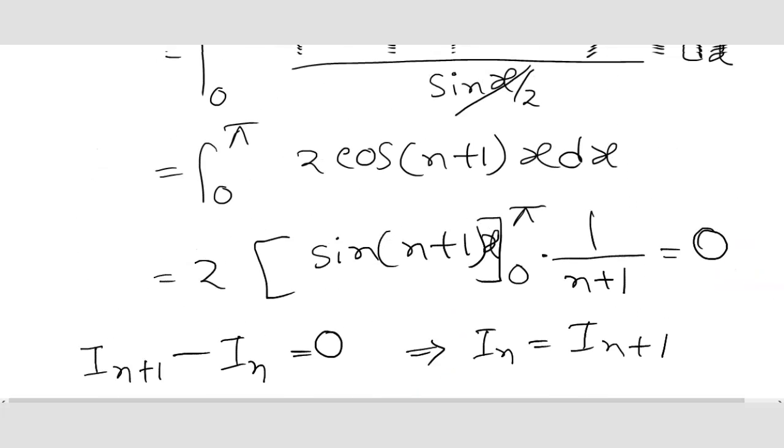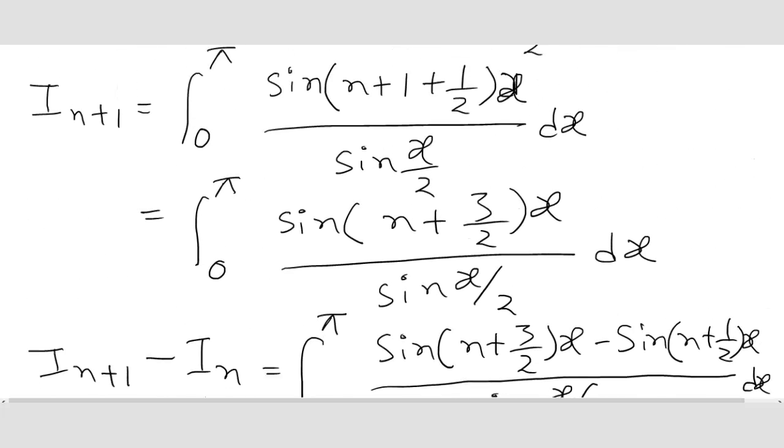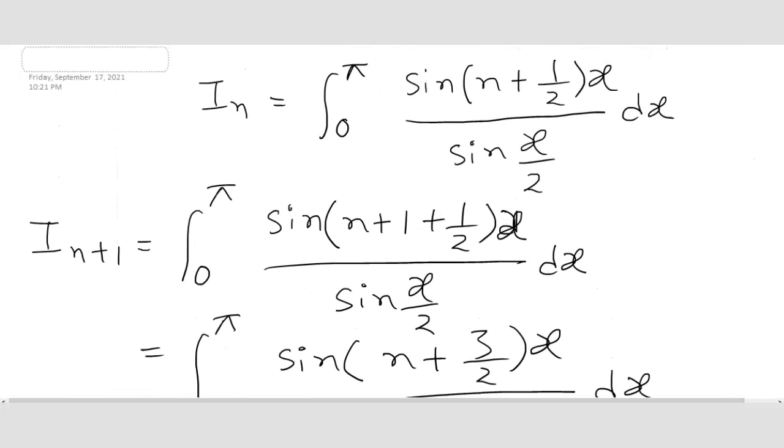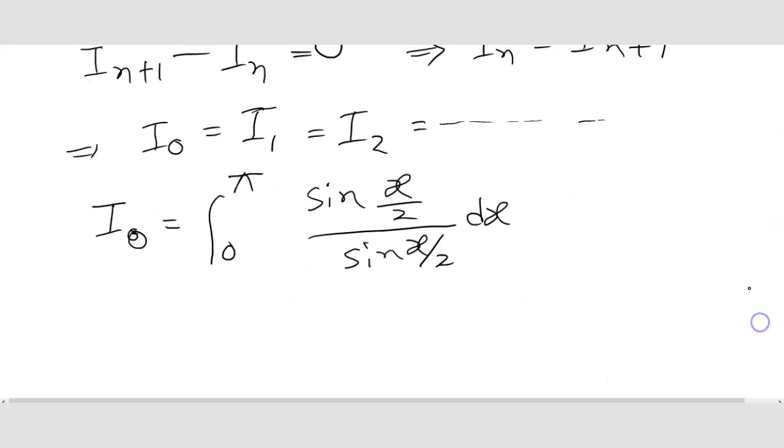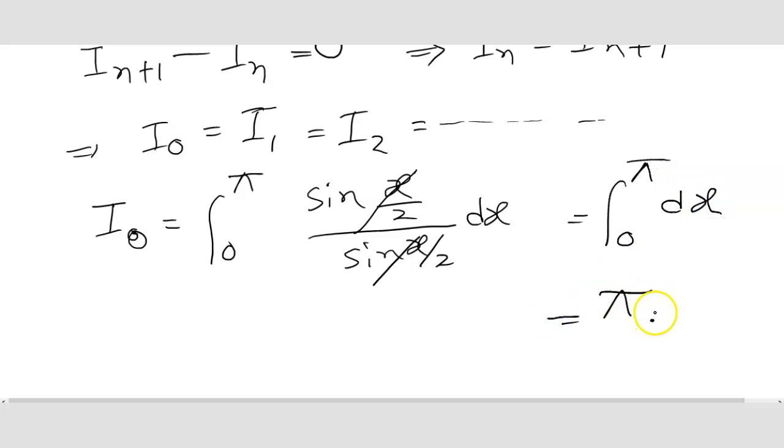Look, the formula is like this, and if we put n equals 0 in I_n, it will become sin(x/2) divided by sin(x/2), which I have written here. So simply, these two cancel out and it results in a very basic and simple integration, and it is quite easy. The integration result is pi. So the result will be pi.